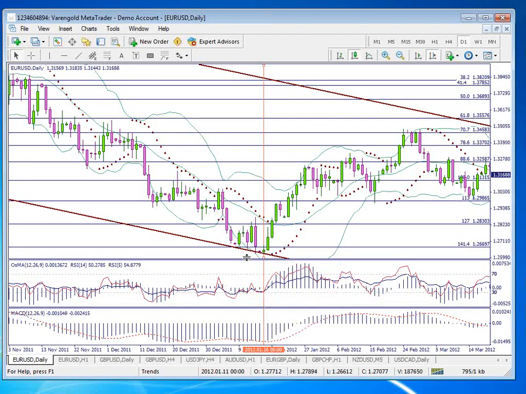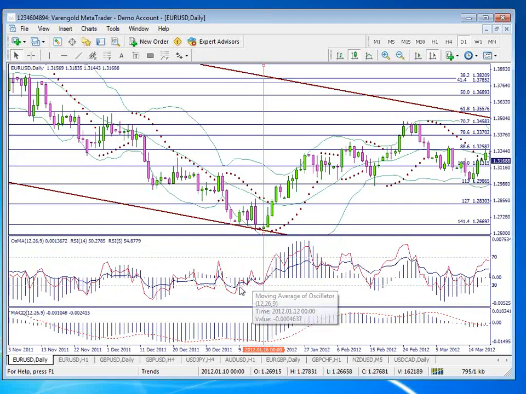Here, we already have one clue from oscillator of moving average. The bars of histogram start to be smaller and smaller. Here it was one other signal. The pair make one swing between 127, 141.